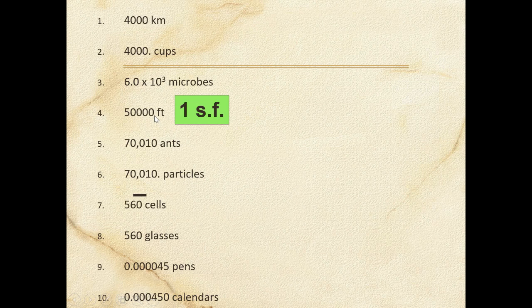There's nothing to tell us that it's supposed to be that. 70,010 ants, 4 sig figs. Again, 1, 2, 3, 4. There's no period at the end here telling us that this zero should be counted as a significant figure, so we don't.